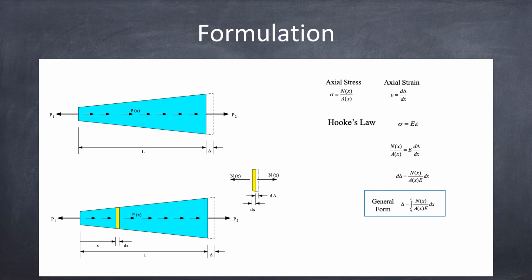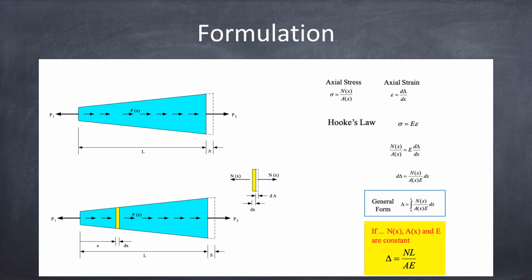However, in most cases, a huge section of our structure might have the same cross-sectional area and the same axial force, or close enough, as I already discussed in earlier lectures. So in that case, we can presume that N is a constant over that length, and the cross-sectional area is also a constant, which reduces our form into this nice little equation.